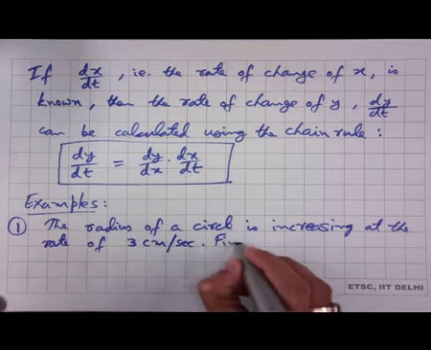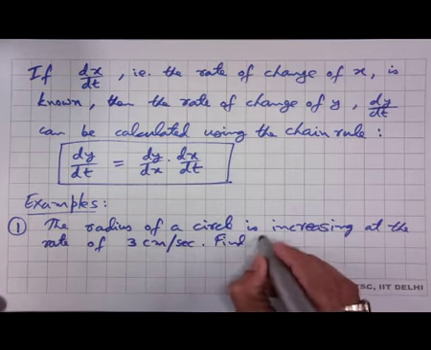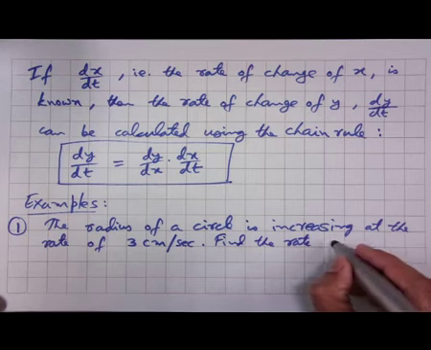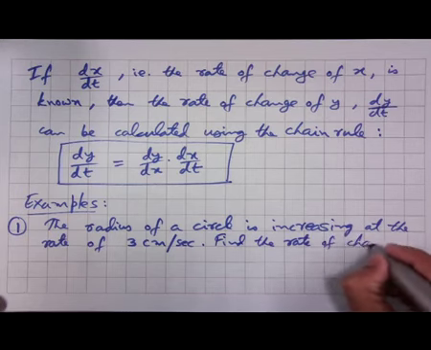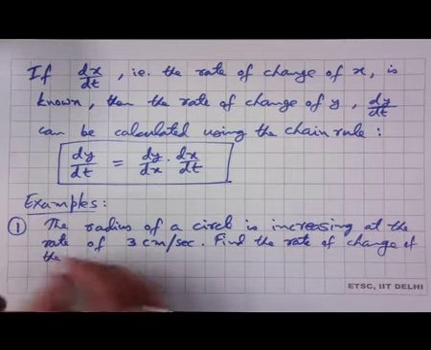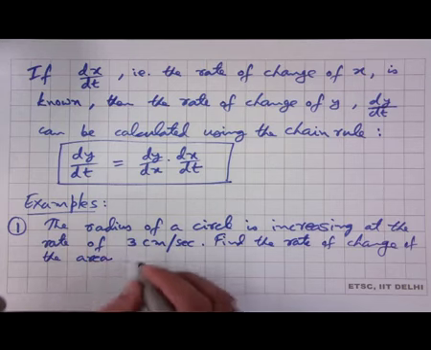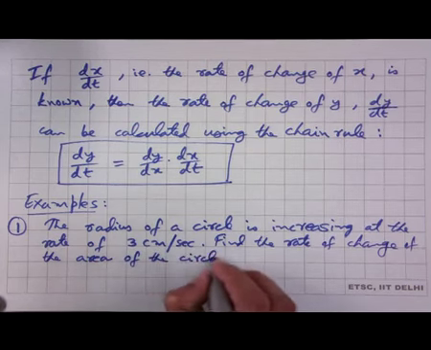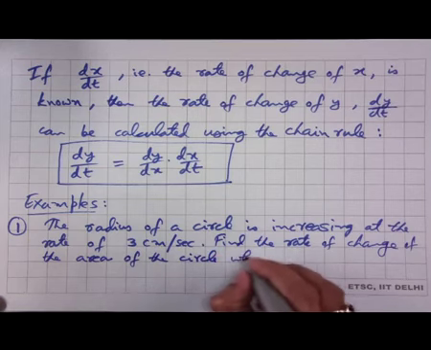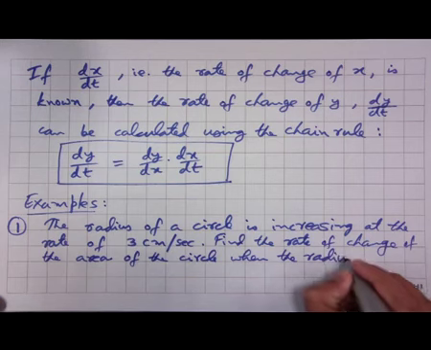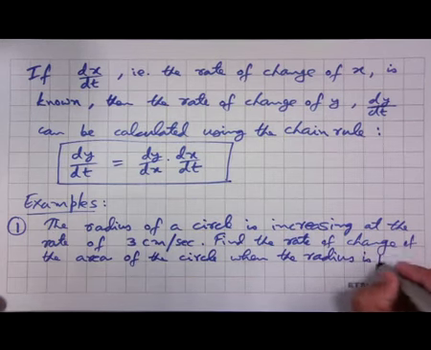Find the rate of change of the area of the circle when the radius is 10 centimeter.